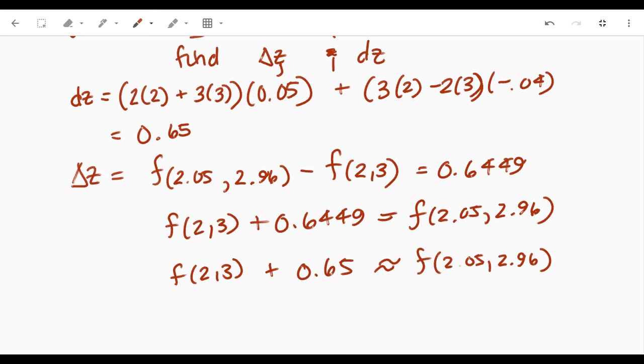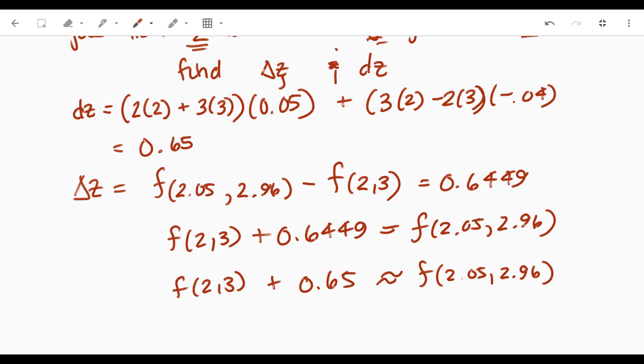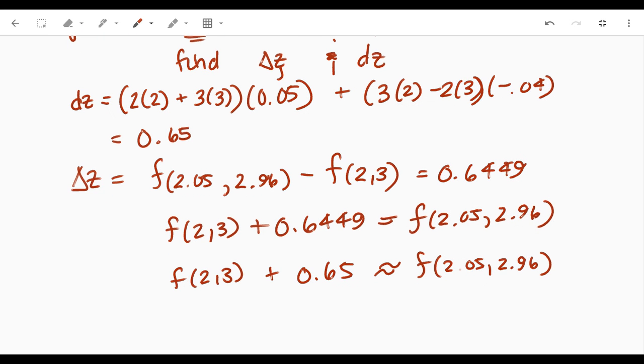All right, so I apologize for the glitchiness. I'm just going to make sure we understand here that this is f of a, b plus delta z equals f of a plus delta x, b plus delta y.